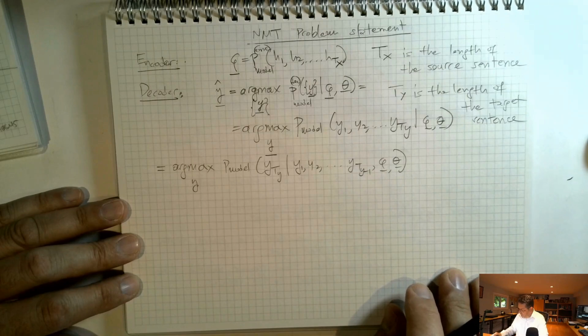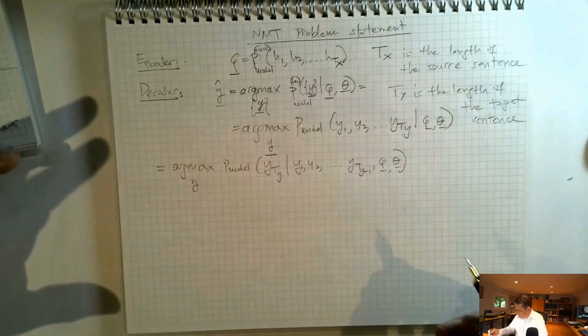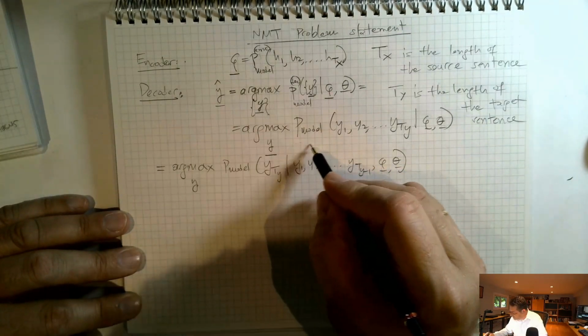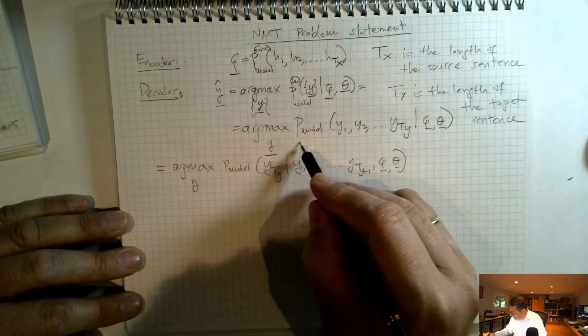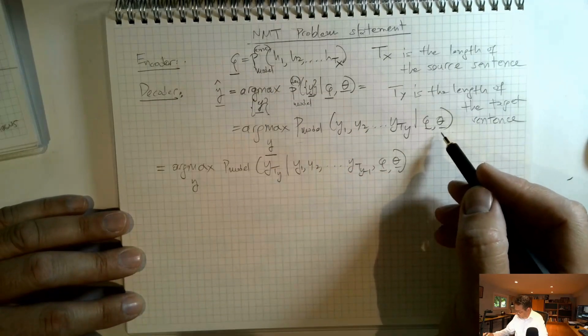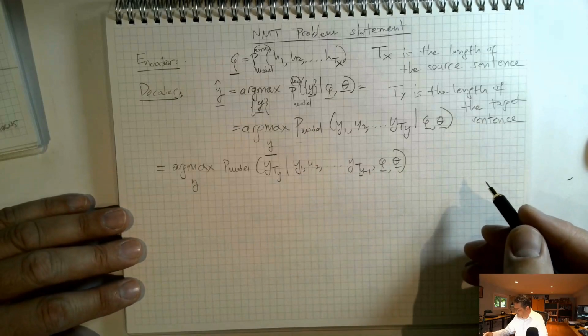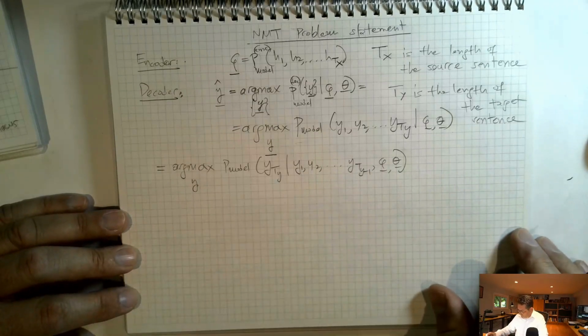In fact, we don't need to make any simplifying assumption in this case. This is just a factorization from first principles of a joint probability distribution. We can always factorize a joint probability distribution as a product of the individual conditionals.